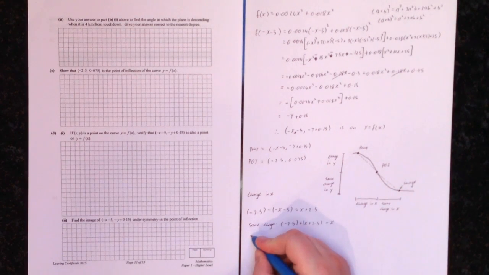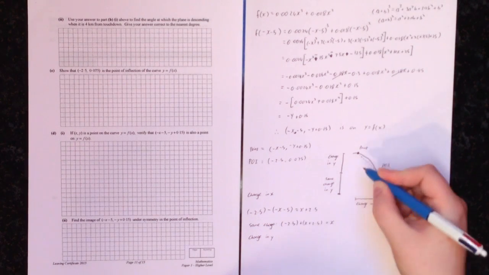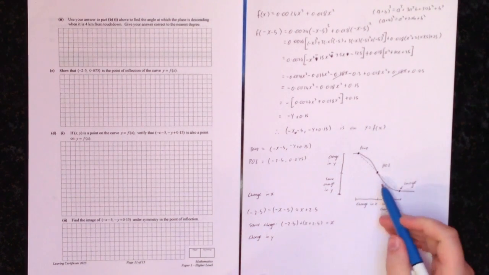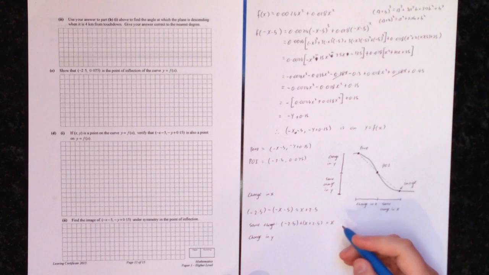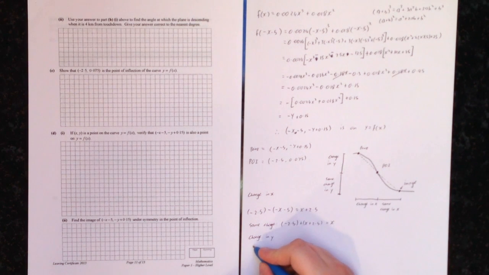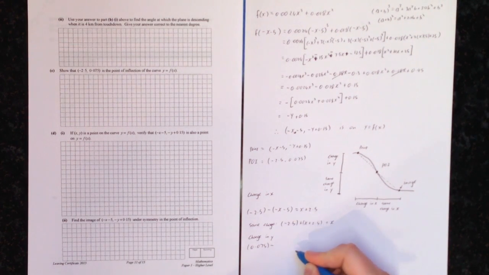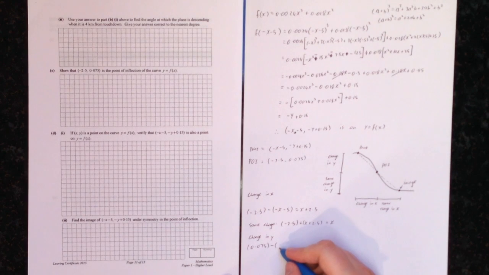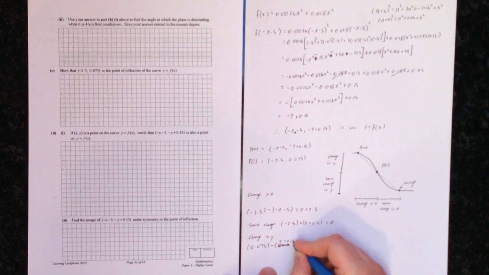Next, we want to look at the change in y. Again, we want to take the difference between the point of inflection and the point. The y-coordinate of the point of inflection will be 0.075 minus the y-coordinate of the point, which will be minus y plus 0.15.